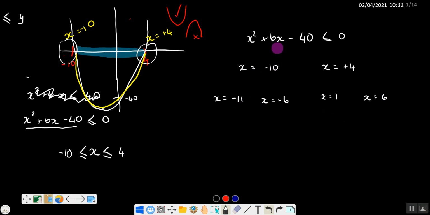So what does x squared plus 6x minus 40 equal when x is negative 11? So we've got negative 11 squared plus 6 lots of negative 11 minus 40. What do you get? Over to you. Work out all those 4 values for me using your calculators. I'll put it on pause.